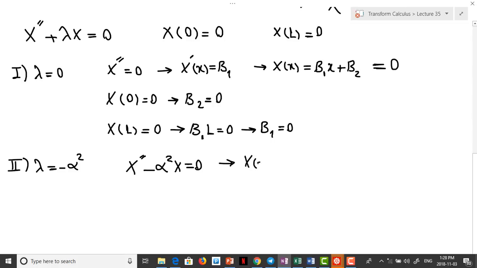It's equal to X of x. We already used b1 and b2, so I use b3 as a constant: b3 cosine hyperbolic alpha x plus b4 sine hyperbolic alpha x. Now we have to apply the upper limit and lower limit.